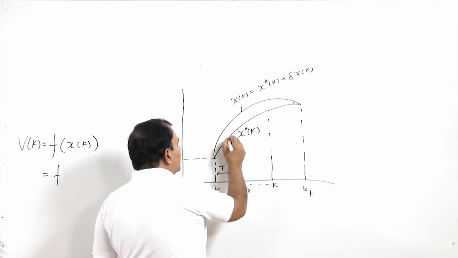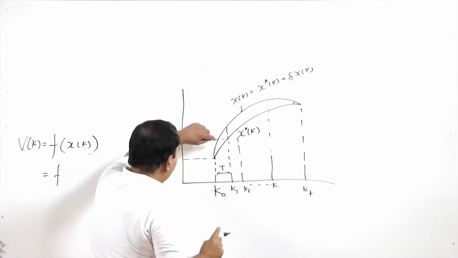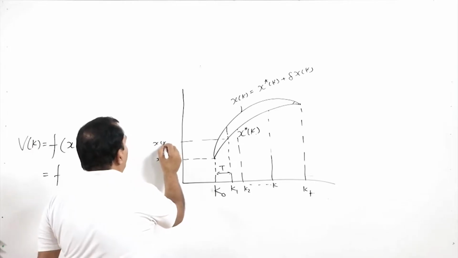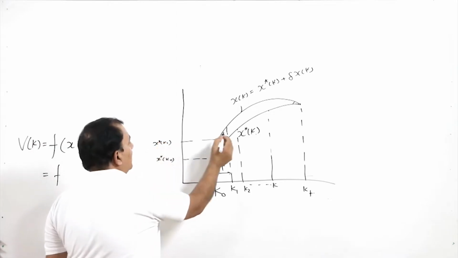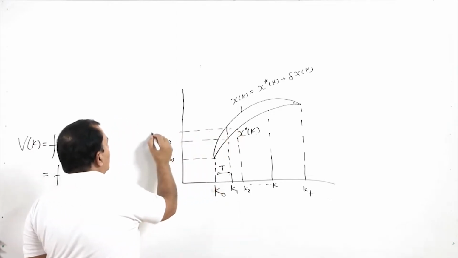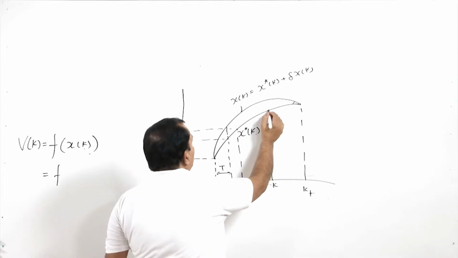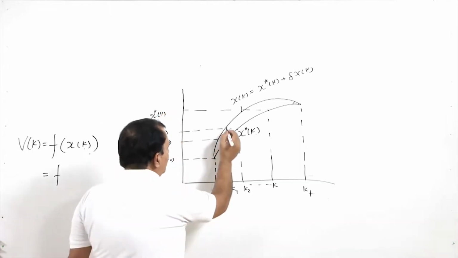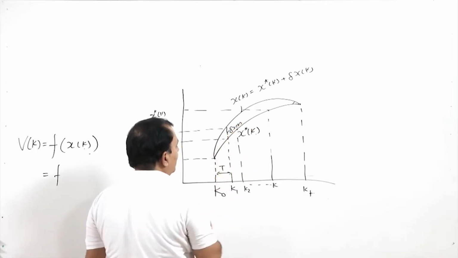At each instant, x is defined at the instant of k0, x of k1, this is my, if I am defining as my optimal value, x star of k2, a general point, x star of k, and at each point I will have delta x of k.